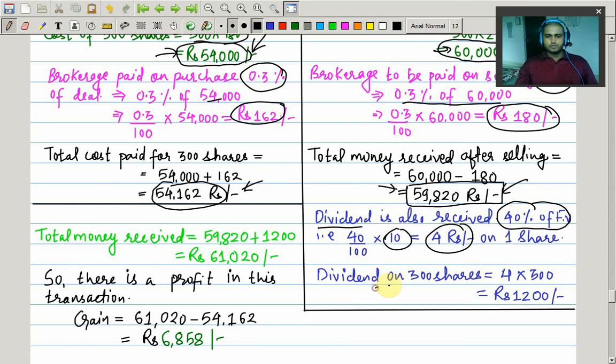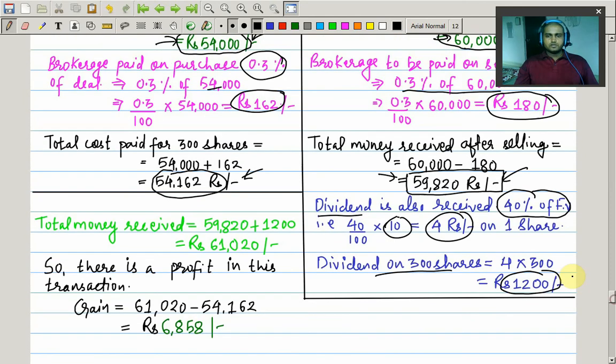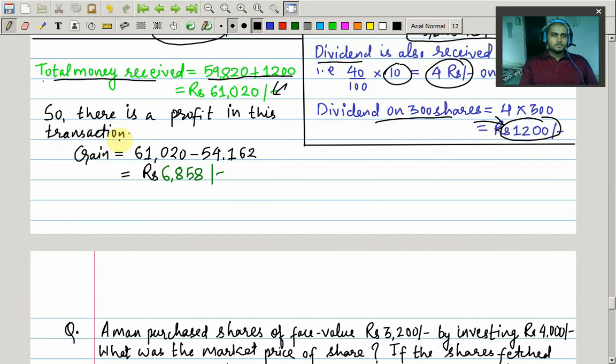So what is the amount on 300 shares? 1,200 rupees. So how much amount do I have in my pocket? This is in my pocket and this is also in my pocket. So total money received is 59,820 plus 1,200, which is 61,020 rupees. So there is a profit in this transaction. How to get that profit amount? Amount received minus amount invested. So this is the profit amount.